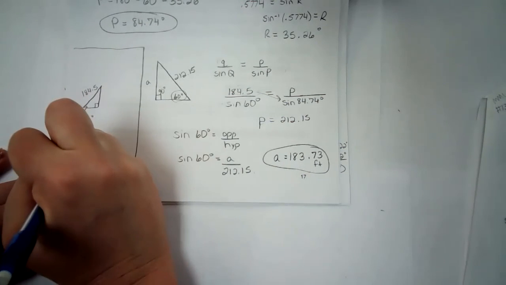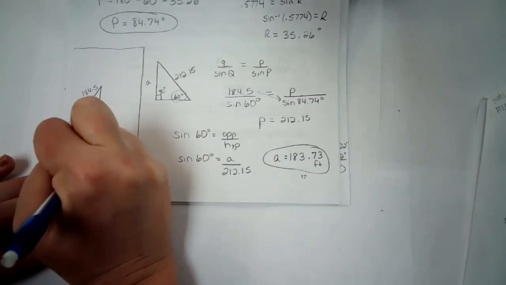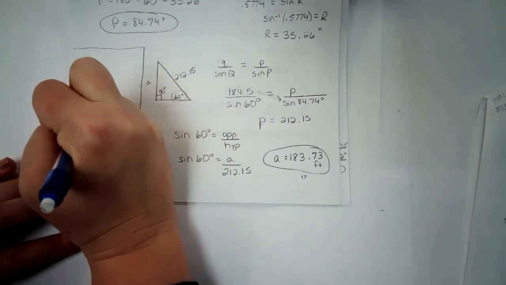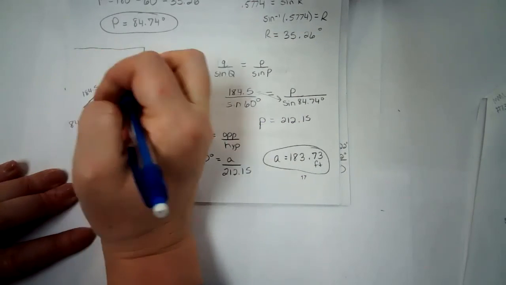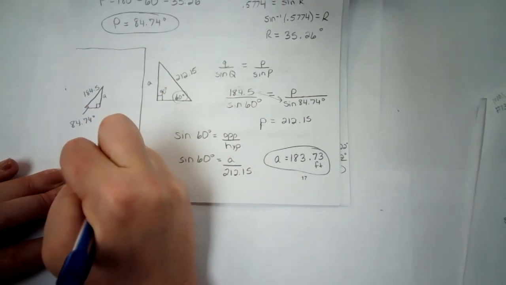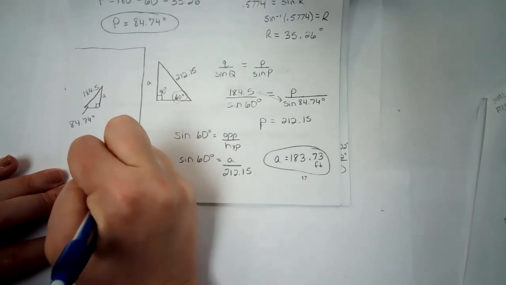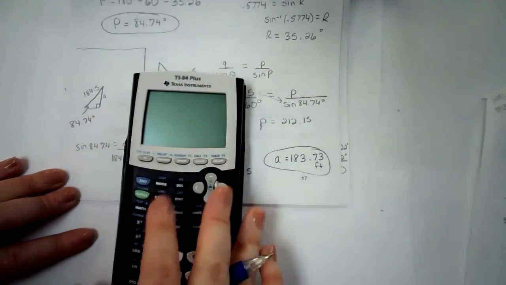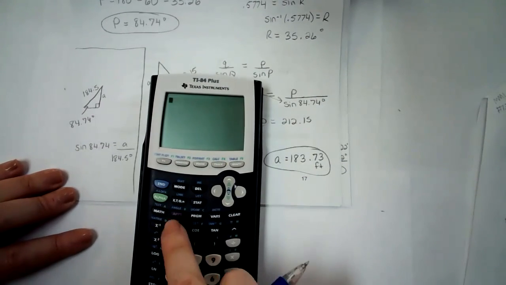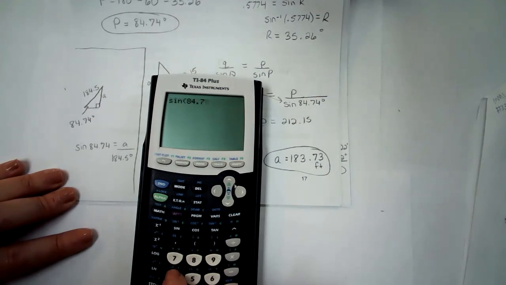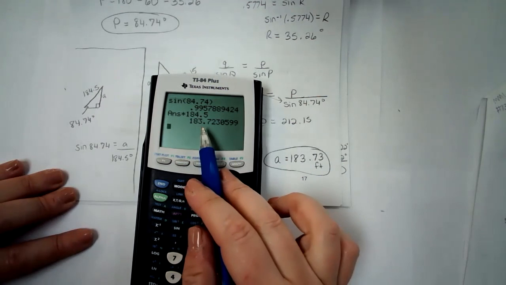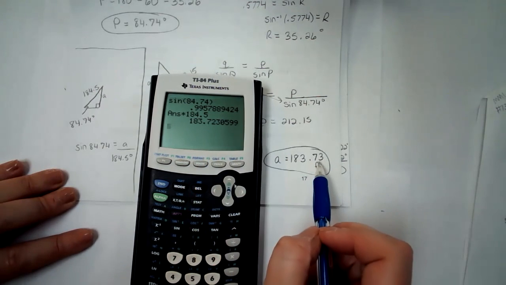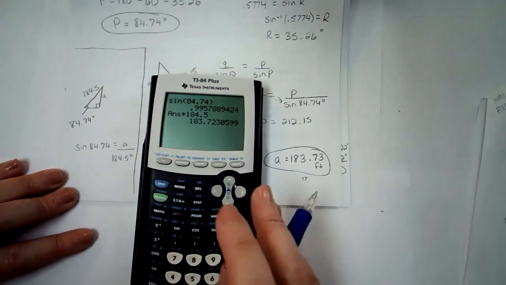So I could have taken the sine of 84.74 equals opposite over hypotenuse. And then I could have done sine of 84.74 times 184.5. And again, there's my 183.72, close enough for my height.